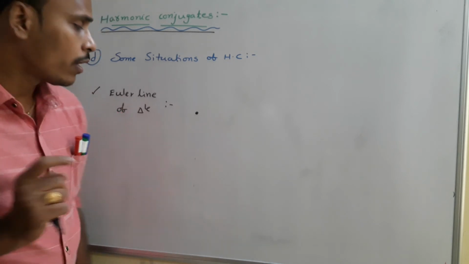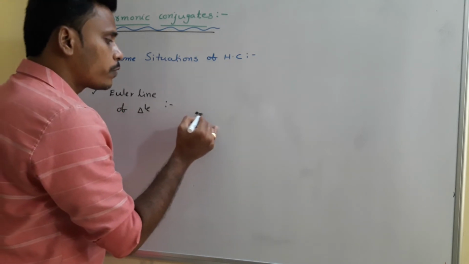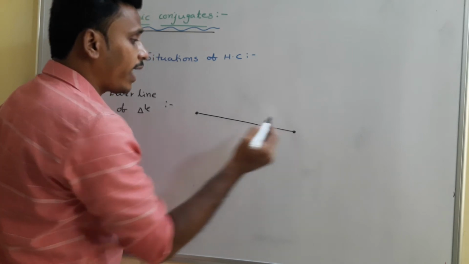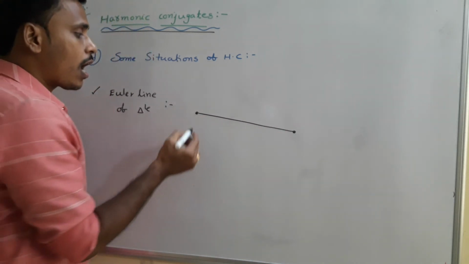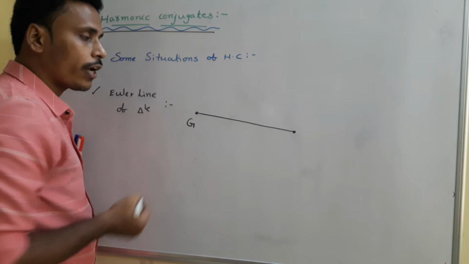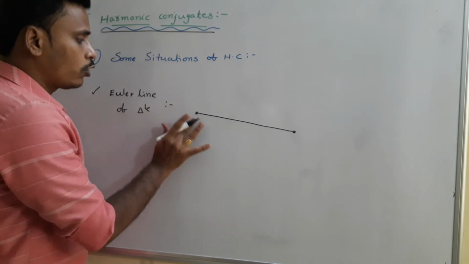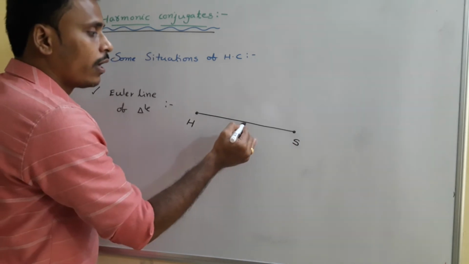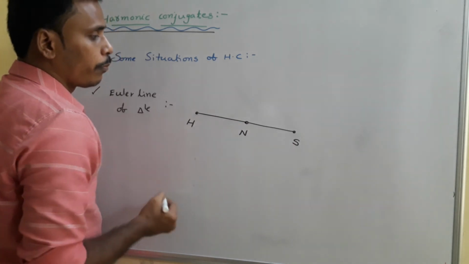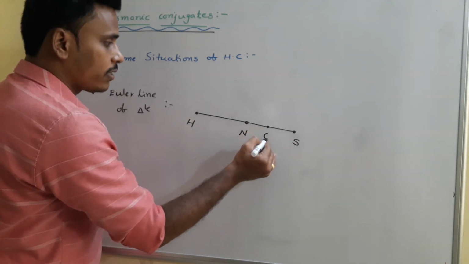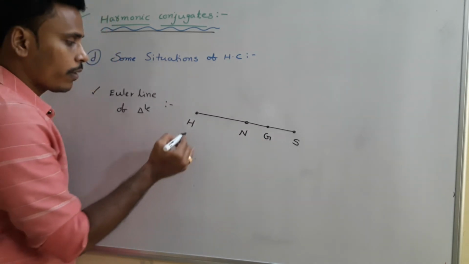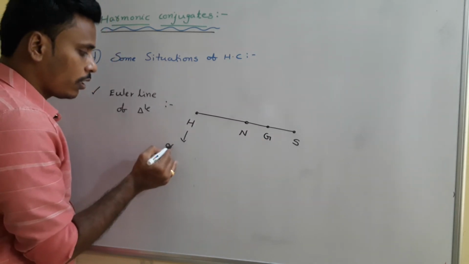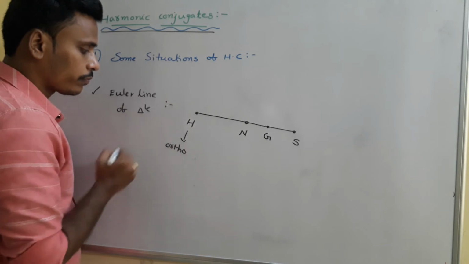In any triangle, if you observe, there will be one line, and on that line, the centroid is located at some point, the orthocenter is located at one point, the circumcenter is located at one point, the 9-point center is at the midpoint, and the centroid is at some other point. What I am saying, this H is the orthocenter.